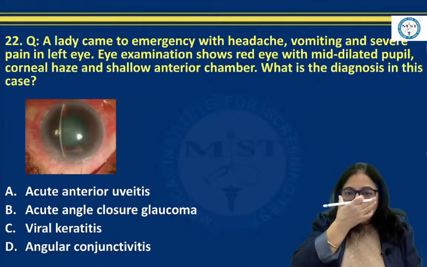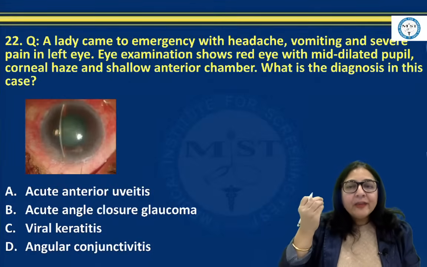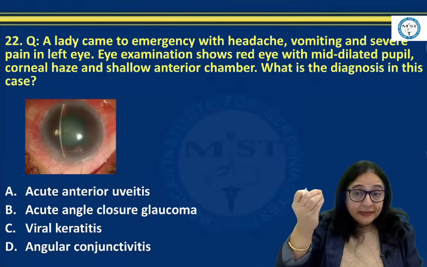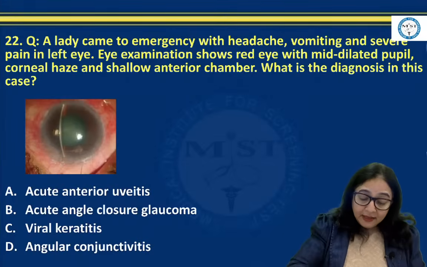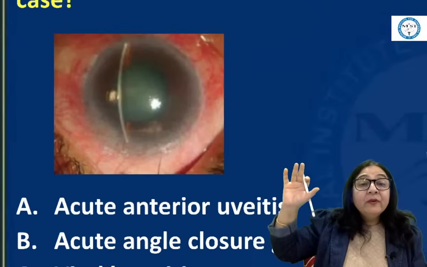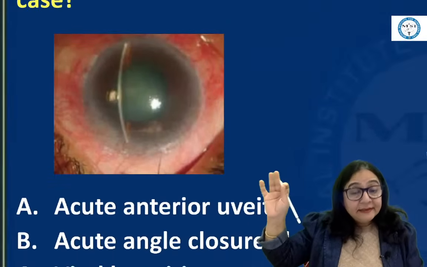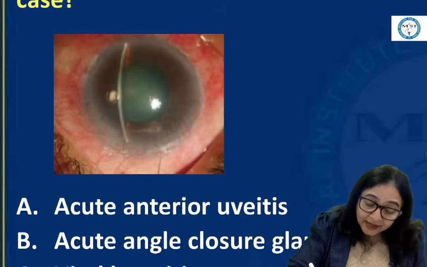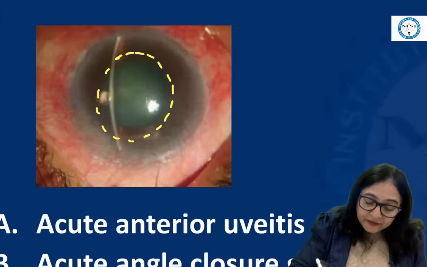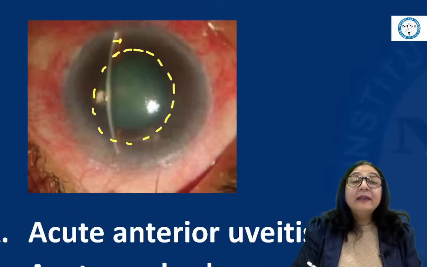Okay, so an ocular emergency in which the patient is having severe pain, headache, and vomiting. The eye is showing you red eye, corneal edema, and a mid-dilated pupil. And if you see carefully, there is a very shallow AC.